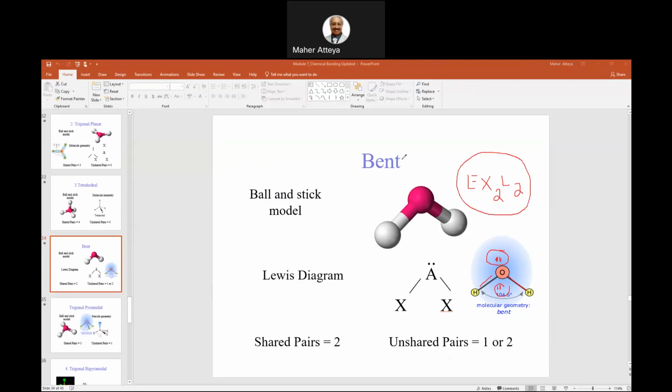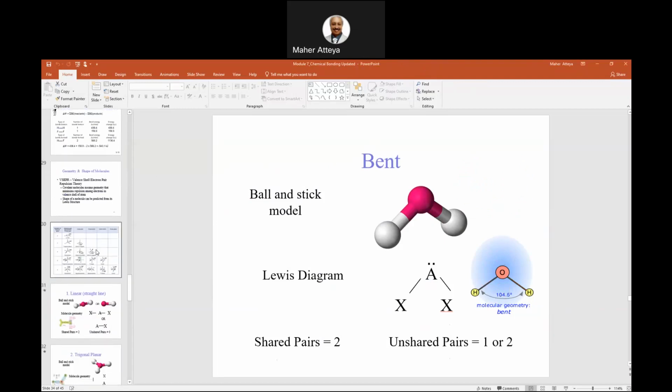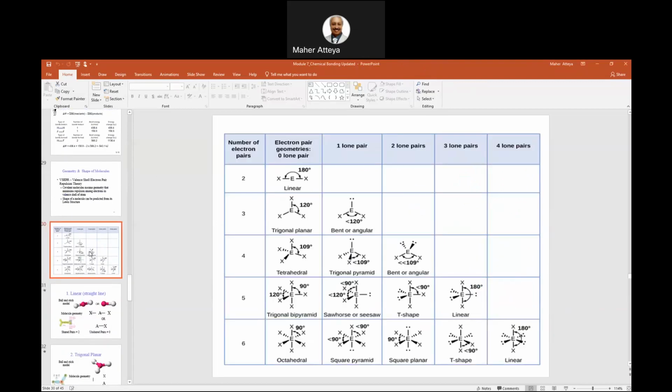So I come here, I look at EX2L2. So I come up. Back to the table. So we have to have it handy. Which one has EX2L2? So just by inspection, I can tell that's this one here, correct?